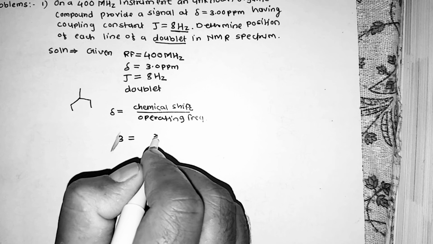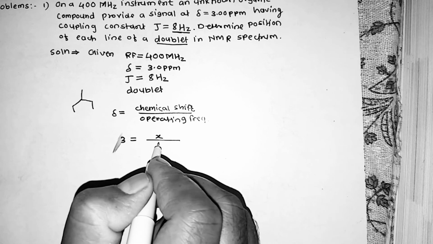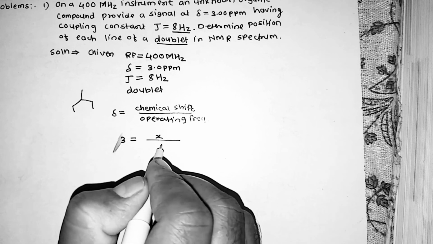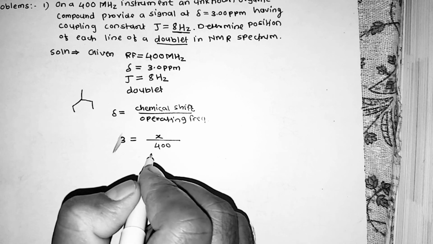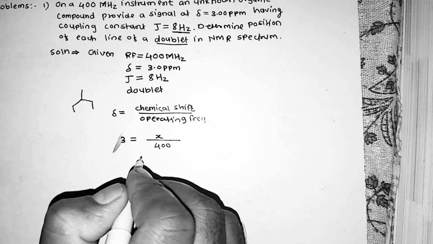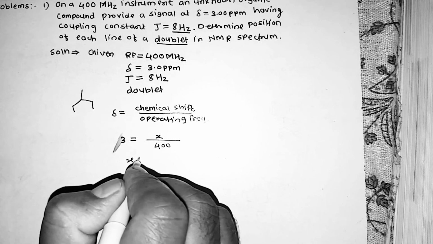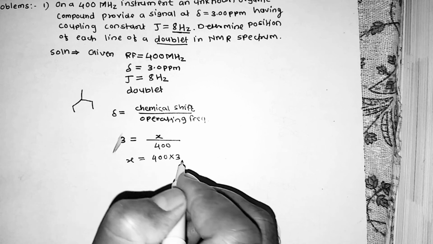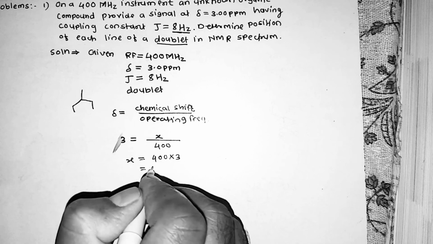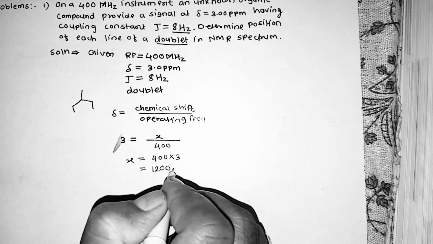So we can write x upon operating frequency, which is given, that is 400. So x is equal to 400 into 3 equals 1200 Hertz.